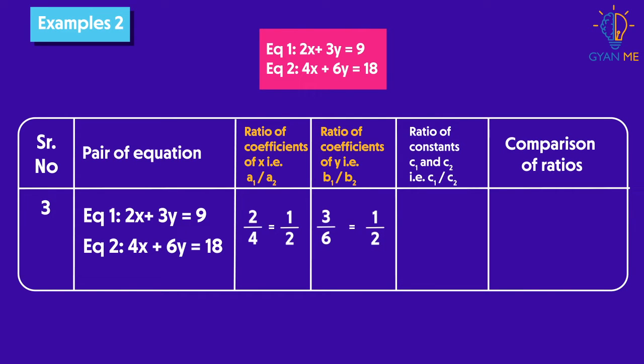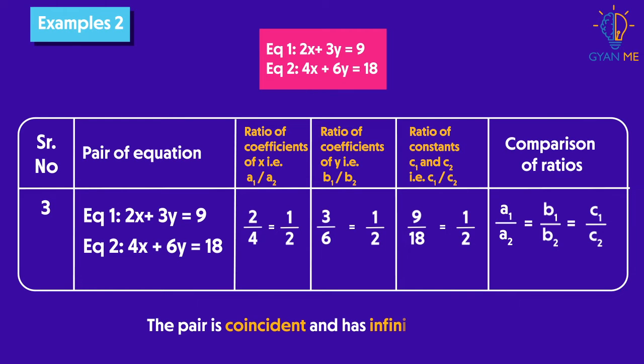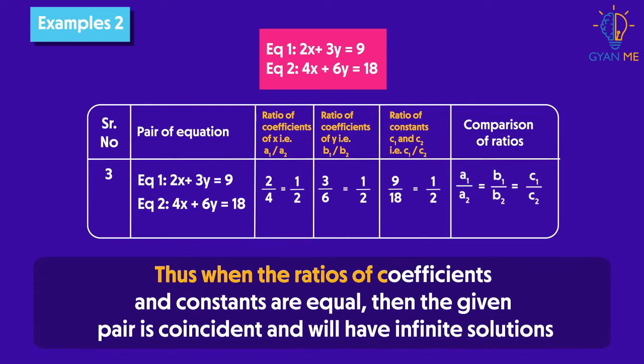And when we take ratios of constants, that is c1 upon c2, we get 9 upon 18, which is also equal to 1 upon 2. Here, the ratios of coefficients and constants are equal, and hence the pair is coincident and has infinite solutions. Thus, when the ratios of coefficients and constants are equal, then the given pair is coincident and will have infinite solutions.